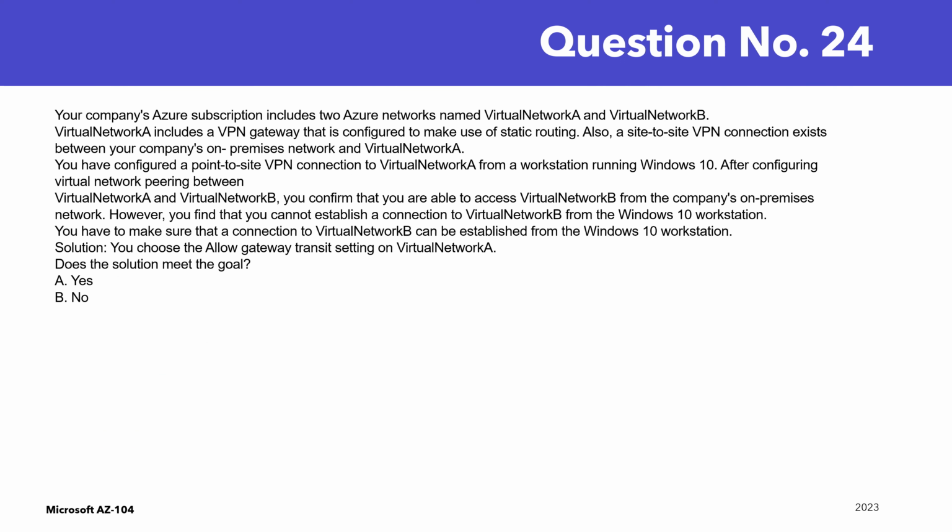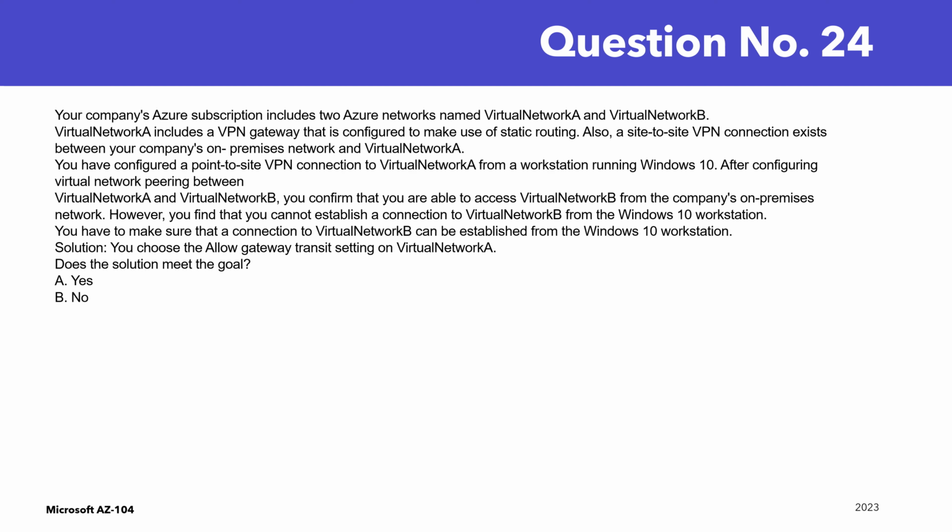Your company's Azure subscription includes two Azure networks named Virtual Network A and Virtual Network B. Virtual Network A includes a VPN gateway that is configured to make use of static routing. Also, a site-to-site VPN connection exists between your company's on-premises network and Virtual Network A. You have configured a point-to-site VPN connection to Virtual Network A from a workstation running Windows 10.